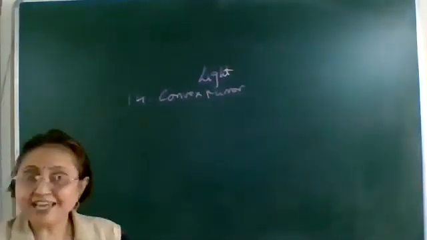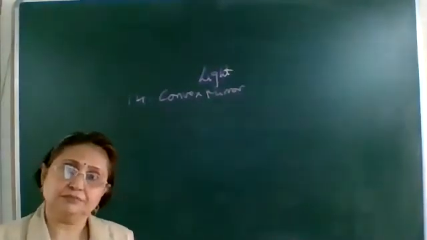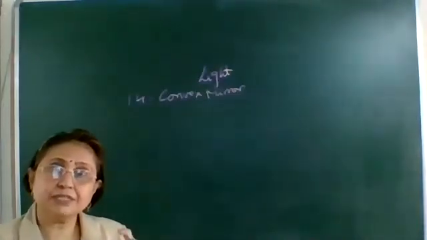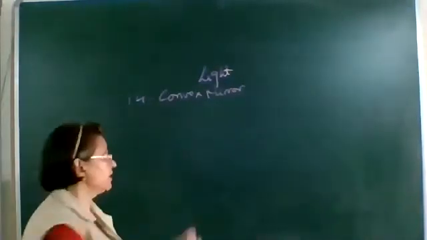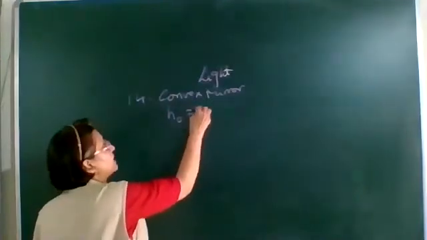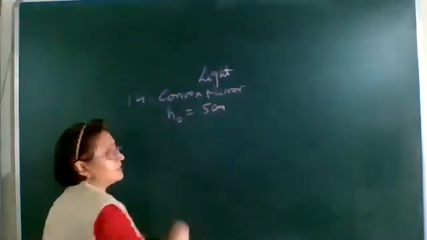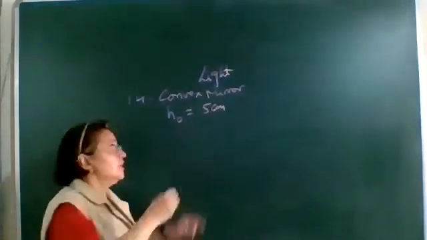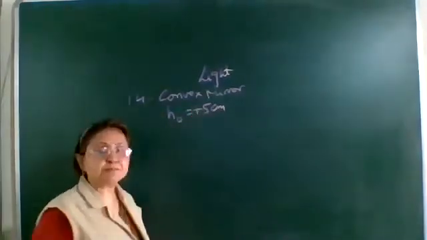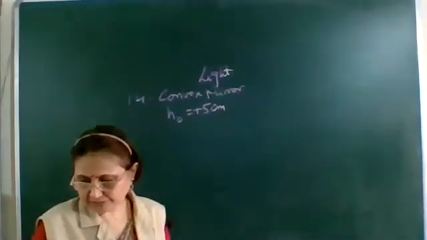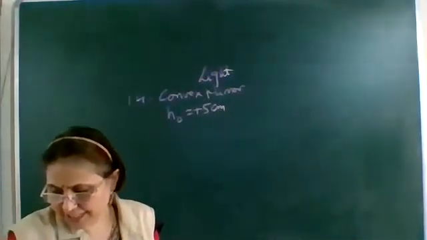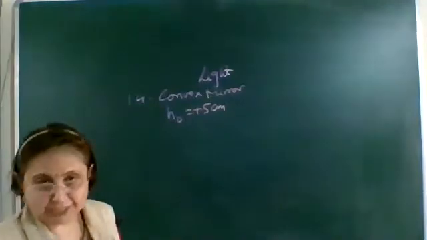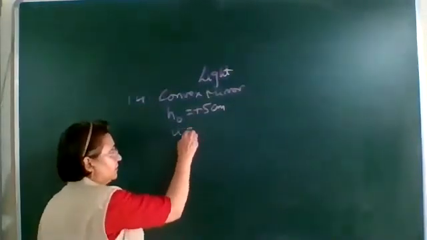An object 5 centimeters in length. 5 centimeters is the height of the object. So the height of the object is given as 5 centimeters, and we are placing the object above the principal axis. It is placed at a distance of 20 centimeters in front of the convex mirror.